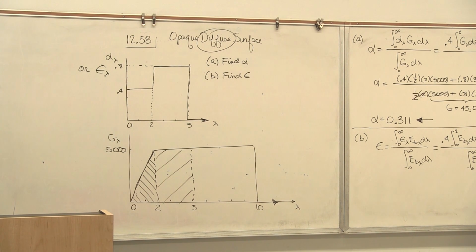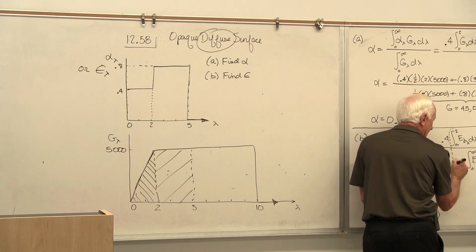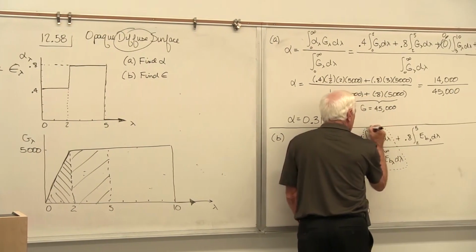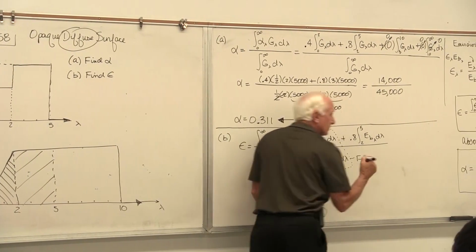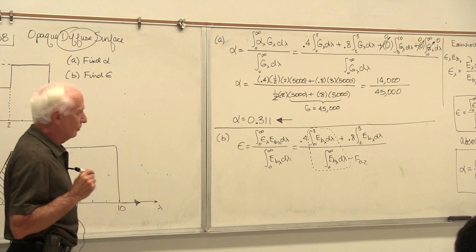Then I say, you know what, this looks familiar. I think I've seen this somewhere before in chapter 12. Yeah, you have. That thing right there is F 0 to 2 microns. Table 12.1.